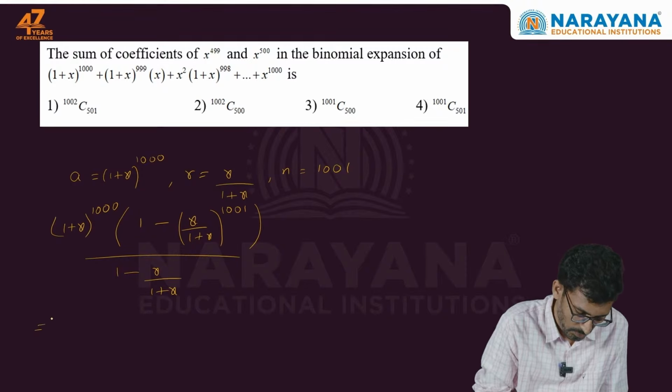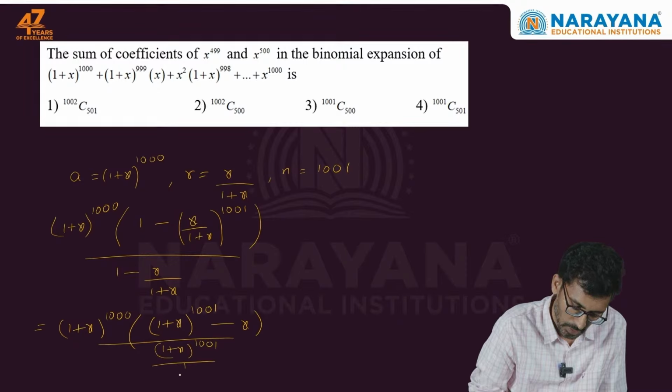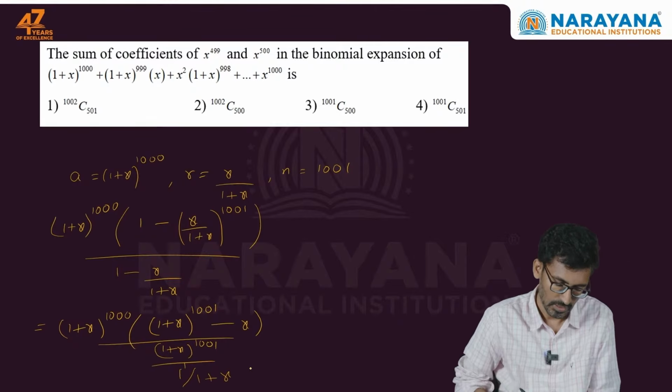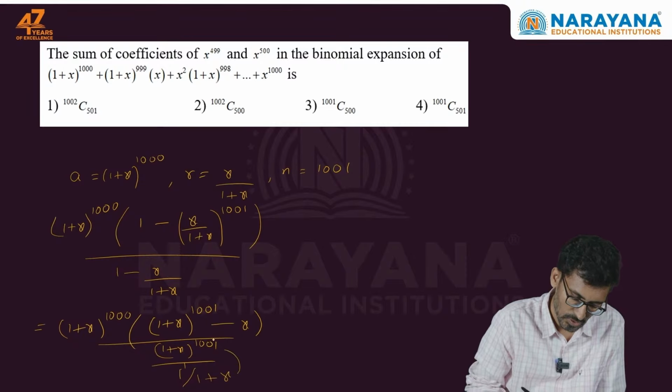So I am going to simplify this. So (1 plus x) whole power 1000 into (1 plus x) whole power 1001 minus x power 1001 by (1 plus x) whole power 1001, by x. Here we have (1 plus x) whole power 1001 in the denominator, and in the denominator of the denominator it is (1 plus x). So they will get cancelled out.